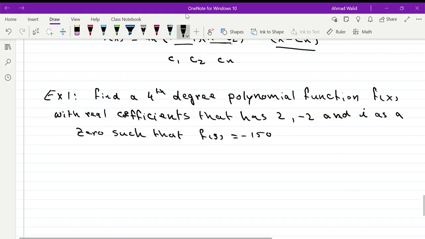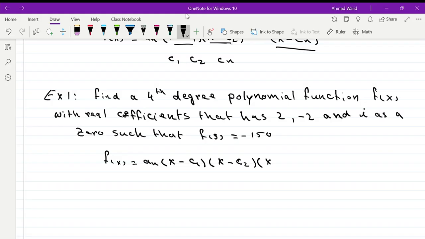If I use my theorem, I can write f of x equals a sub n times (x minus c1) times (x minus c2) times (x minus c3) and times (x minus c4). You may ask me why I stop with 4 factors. Because 4 zeros are given to me. Look here, they give you zeros 2, negative 2, i.